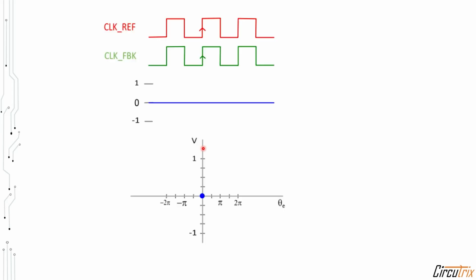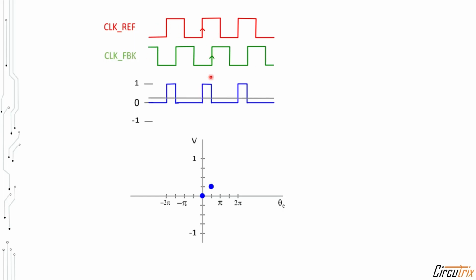Now let us plot the transfer function, or the input-output relationship, for the phase frequency detector. Here, when the reference clock is exactly aligned with the feedback clock, the output value is always 0, and that can be represented as a 0 over here in the transfer function. When the feedback clock is lagging the reference clock by 1/4 of a period, we will generate a pulse having a width equal to 1/4 of the period.